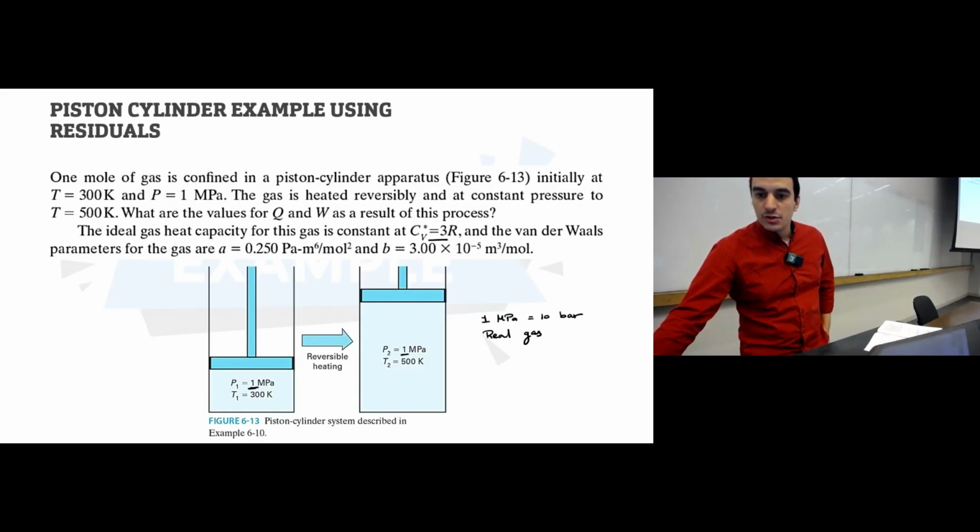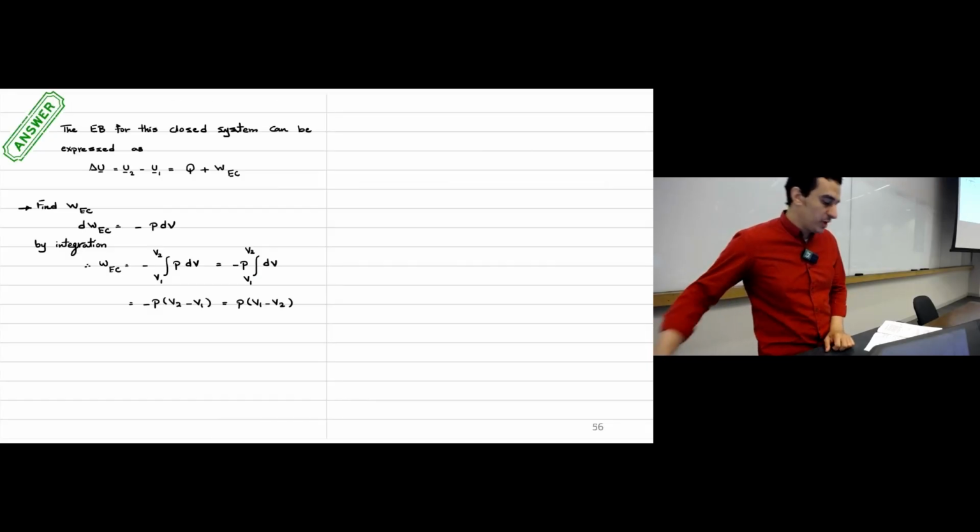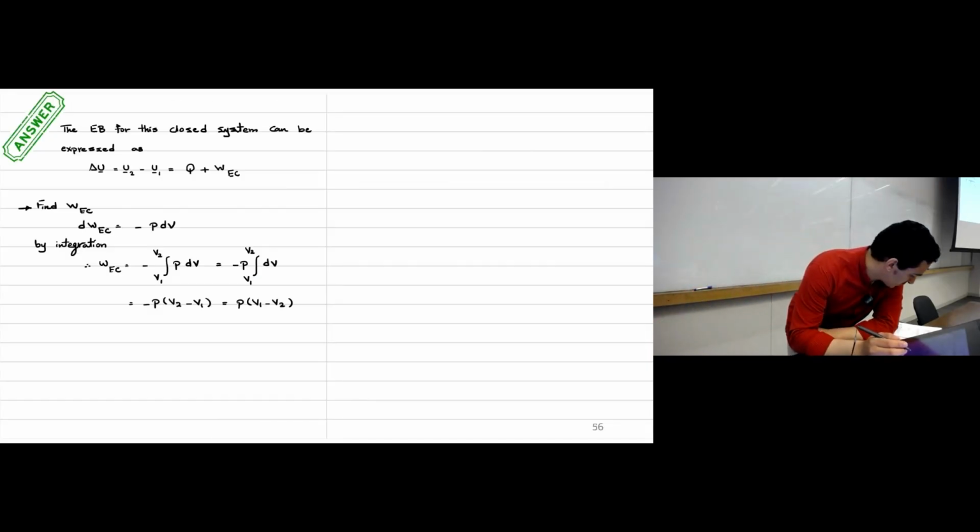Okay. So if we return to the example, we have the value of the pressure, it's 1 megapascal. So we need to note this, the pressure, this one is given, which is 1 megapascal.